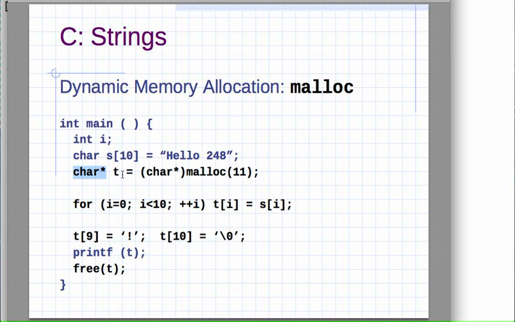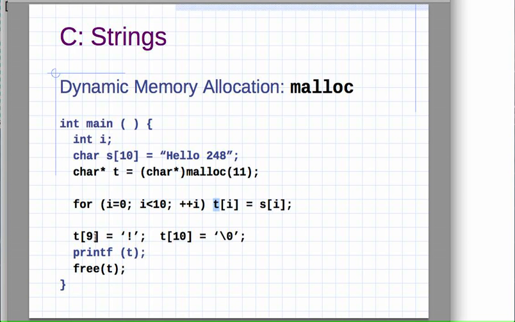So then the next thing you do is you treat this character as an array. And so you can go back and forth. You can treat arrays of character as strings or as arrays whenever you feel like it. And in this case, what we're doing is copying each element of S into this array T, including the null termination character.